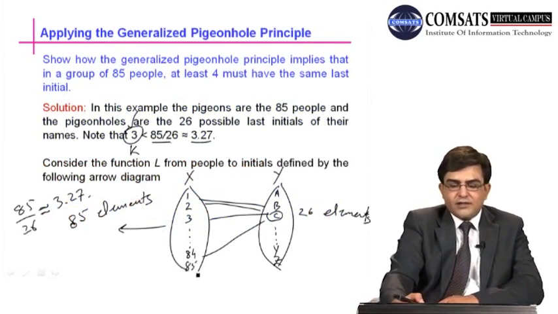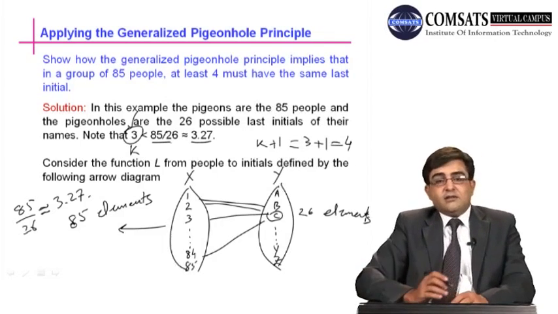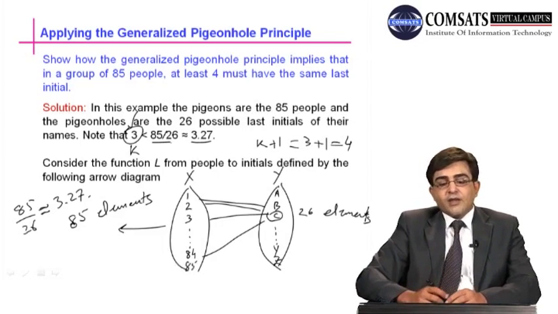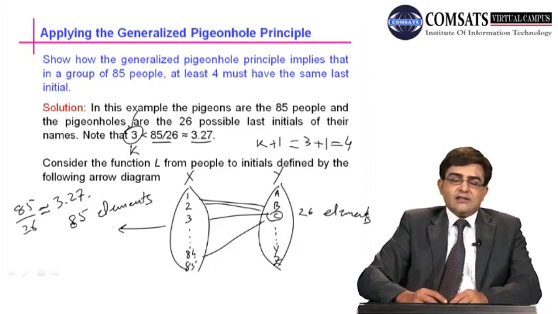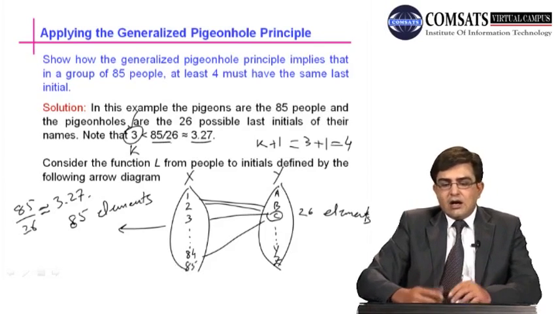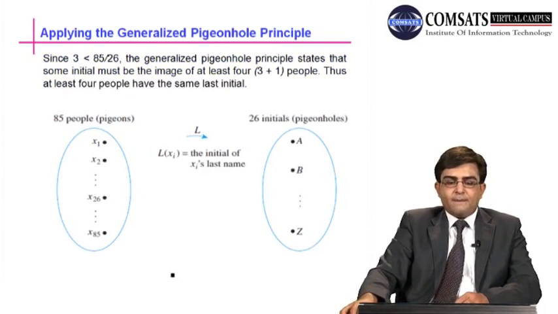So k plus 1, 3 plus 1, is 4. So by using the generalized pigeonhole principle we can say that there must be at least 4 people whose last initials are the same. So this is how we can apply the generalized pigeonhole principle.